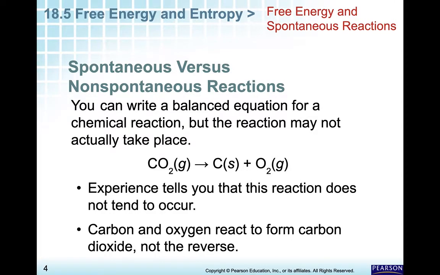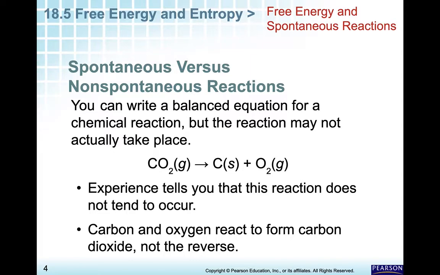So when we say spontaneous reaction, that's a reaction that happens spontaneously. That implies that there are non-spontaneous reactions. So remember, we can write a balanced equation for pretty much anything. Any reactant, we can write an equation for it, we can balance it, but that doesn't mean that that reaction is going to take place. I can write you a balanced equation for carbon dioxide decomposing into carbon and oxygen.